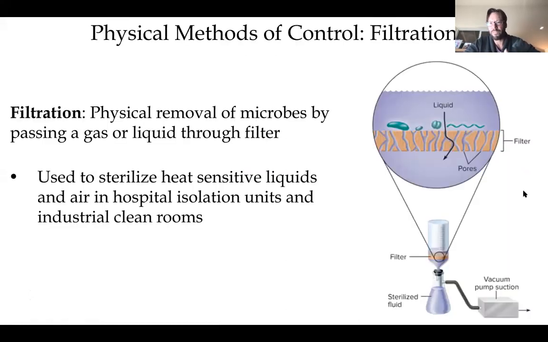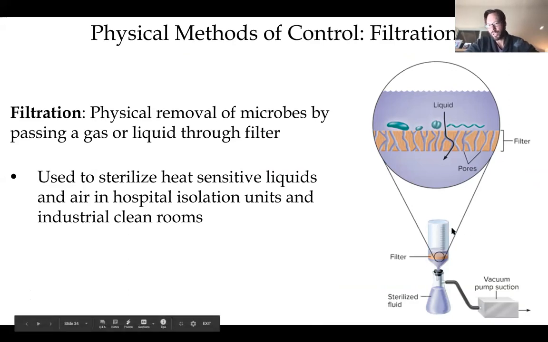Filtration. That's how we physically remove these microbes, by passing liquid through a membrane that has these pores. The pores are so small that the microbes get trapped. They can't go through it, but water can. And that's how we filter out microbes from liquid.